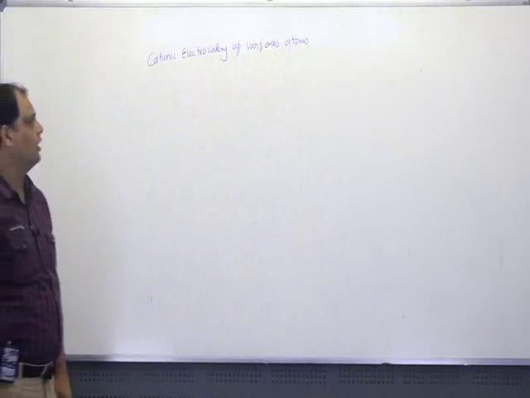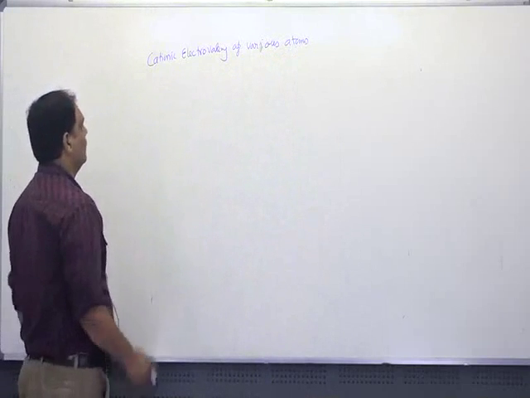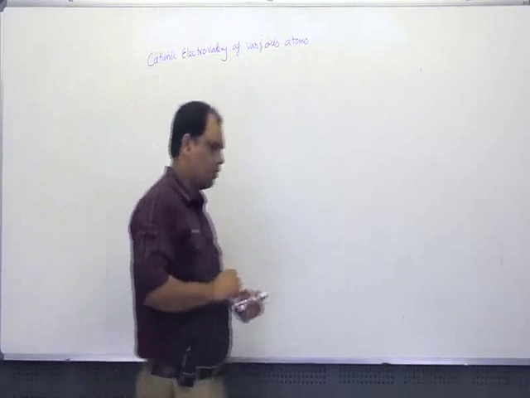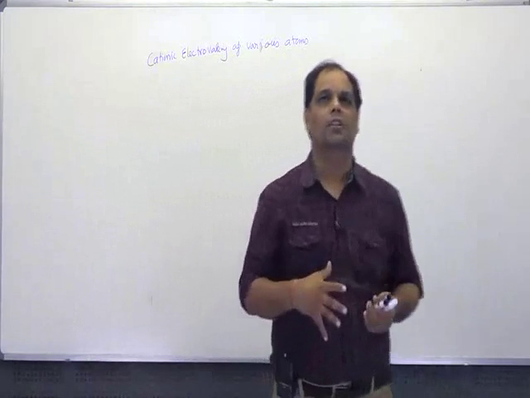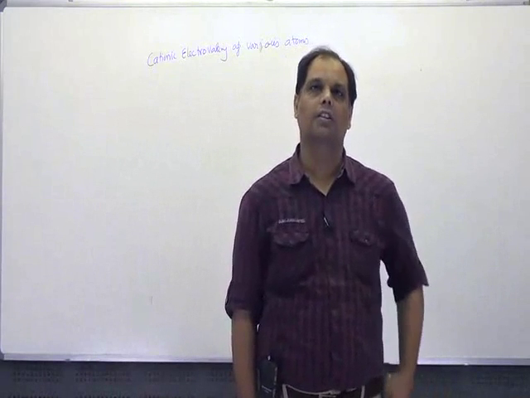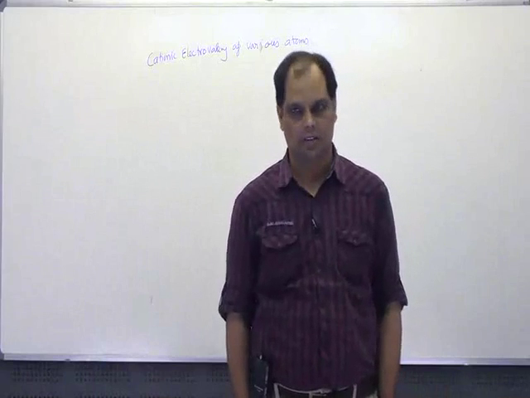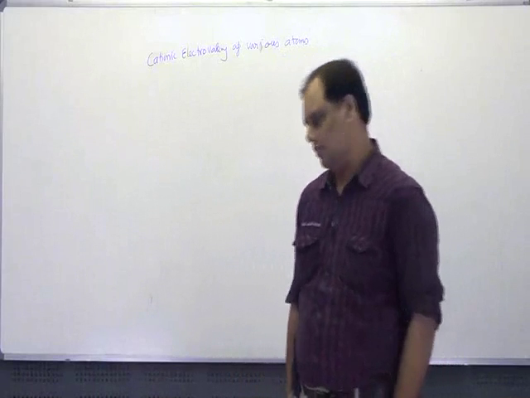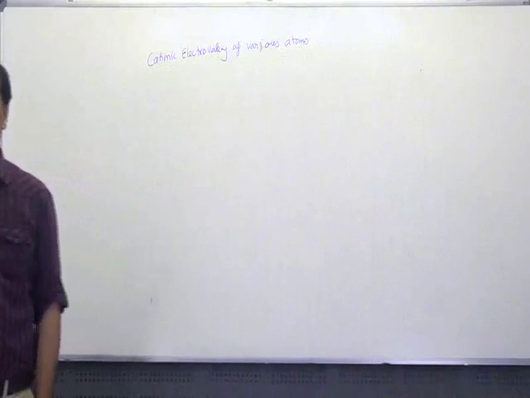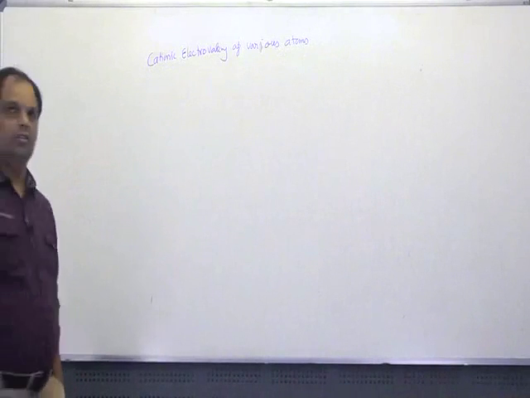Cationic electrovalency of various atoms. Now I'll just discuss. We have discussed that cationic electrovalency is nothing but the charge on the cation. Anionic electrovalency is nothing but the charge on the anion. Now we will discuss the metals and their characteristic cationic electrovalency.